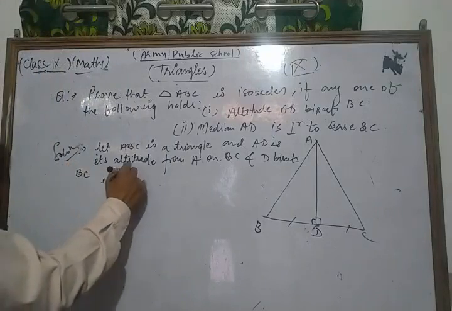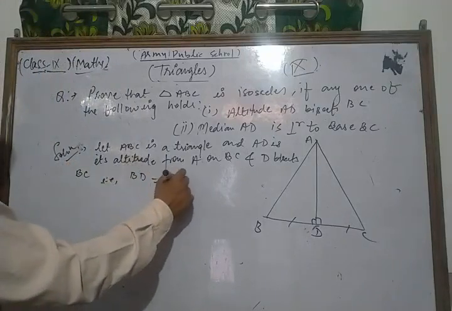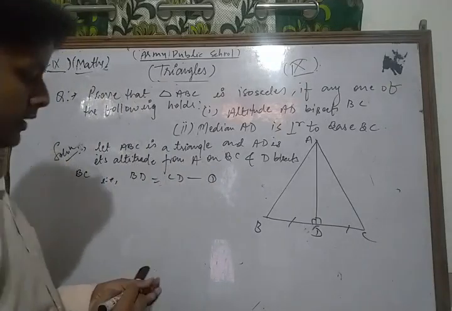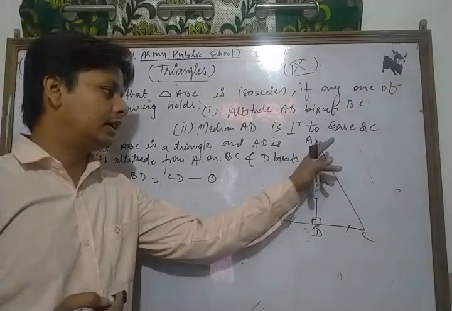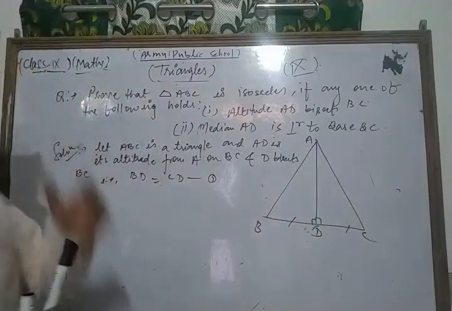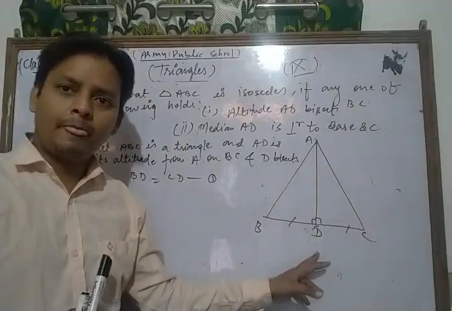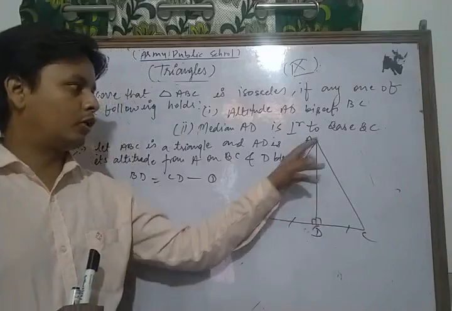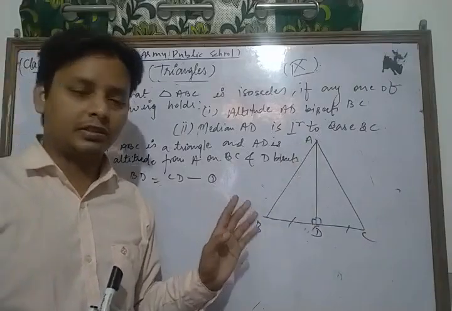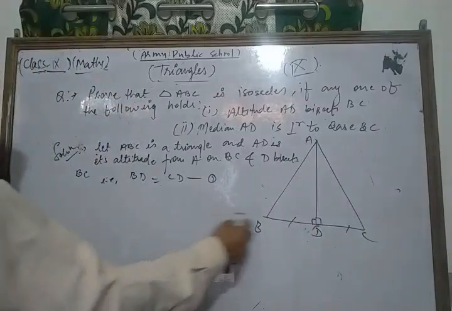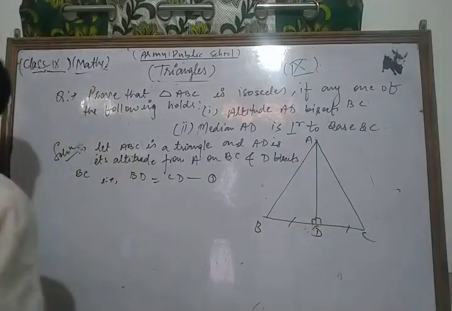That is, BD is equal to CD. Take this as equation number 1. It is clear that we draw a triangle ABC in which AD is the altitude from A on side BC, and D bisects BC, meaning we divide it into two equal parts. BD is equal to CD.